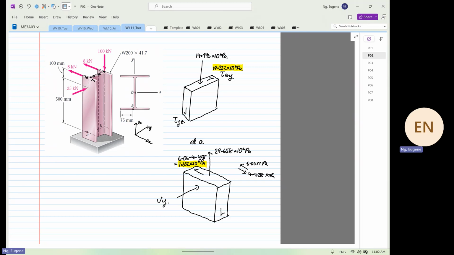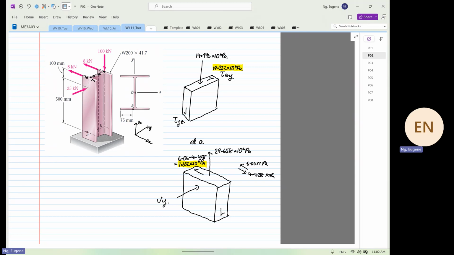What we know is that the normal stress is 29.658 for element 1, for element A. So the maximum stress will not be so far away from 29.658.